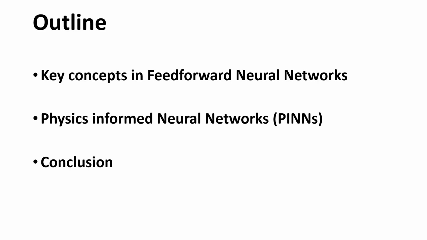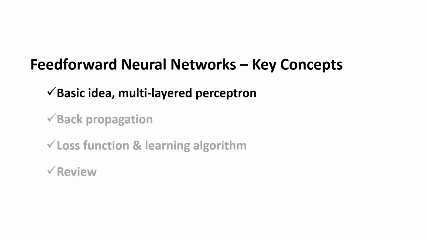What we'll do today is first look at a few concepts in feed-forward neural networks, followed by the idea of PINs or physics-informed neural networks, what they are and how they work, and then we're going to conclude.